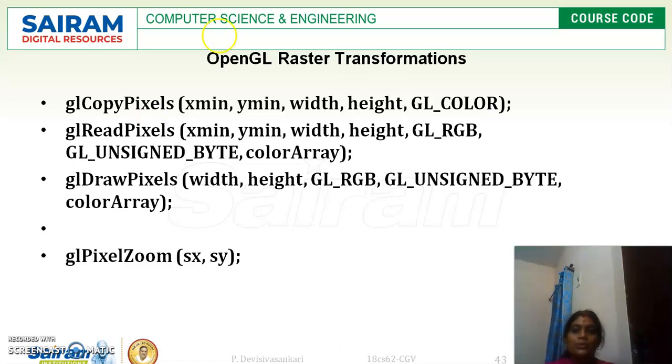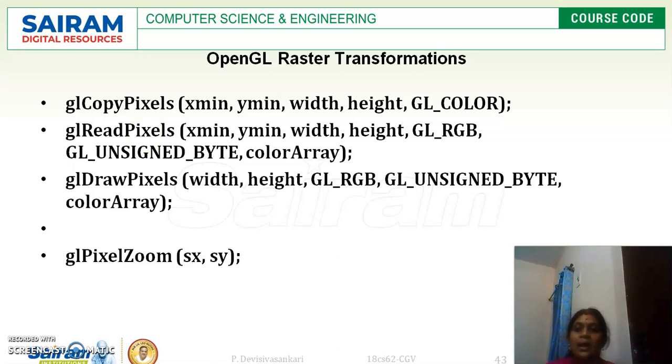Here also we have to specify the x and y minimum values, the width and height of the screen, and the color of the text, and the type, unsigned byte, for example a message like welcome or happy morning, along with its color array, right? So this is the way the OpenGL raster transformation reads or writes particular bytes, okay, to read the pixels.